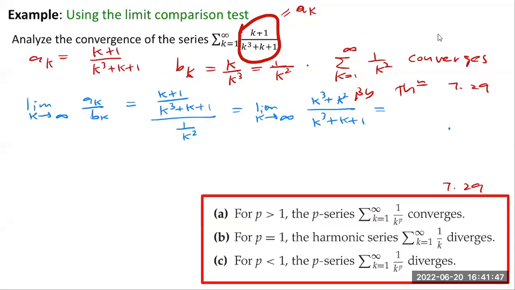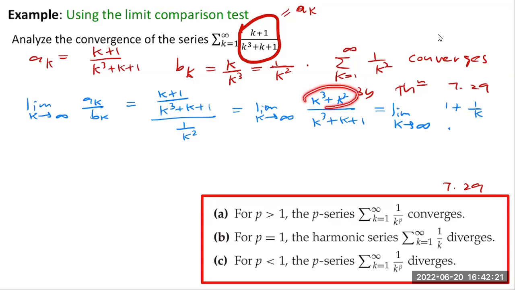What is this equal to? How do you find this limit? What you can do is take the highest degree term in both top and bottom. The highest degree term appearing is K cubed, so you divide both top and bottom by K cubed. If you divide the top by K cubed, you get 1 plus 1 over k.